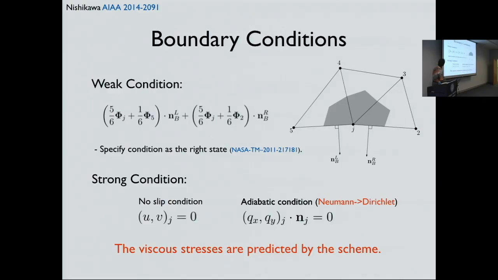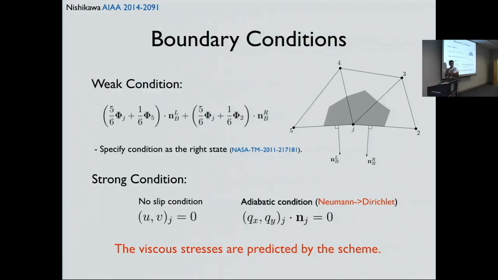And the boundary conditions. I have mixed weak and strong boundary condition. For the weak boundary condition, basically I close the residual by the boundary contribution across this place and across this place. And this formula is known for a long time, decades, that this 5/6 times this center node and 1/6 times the flux here.